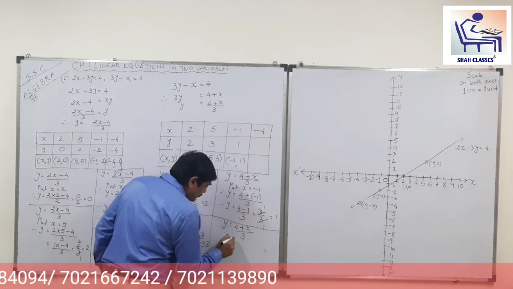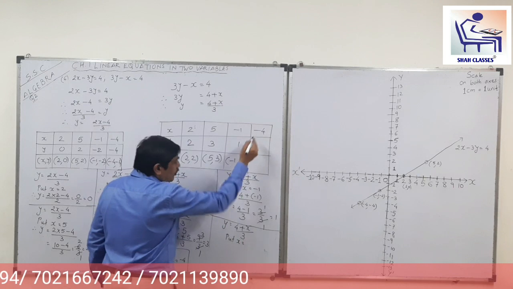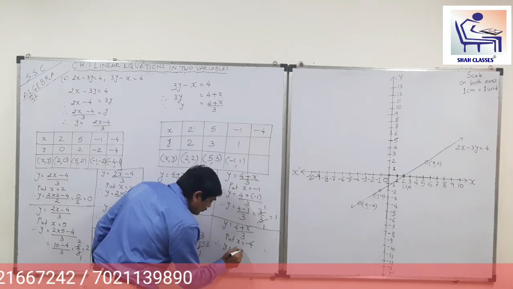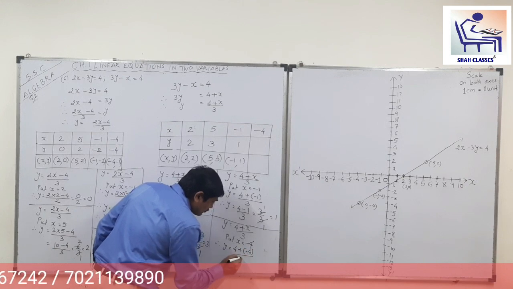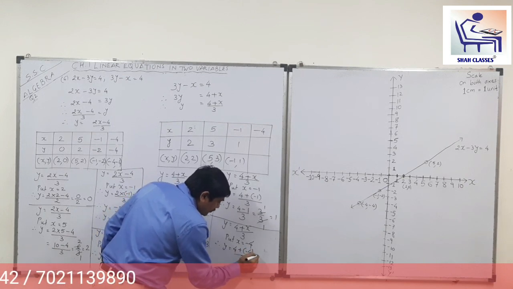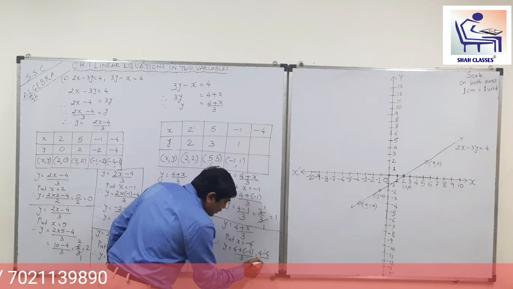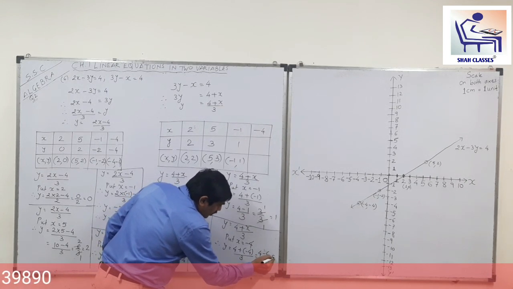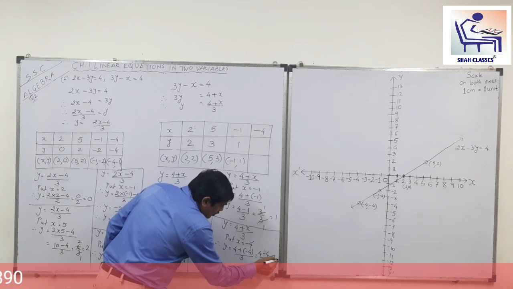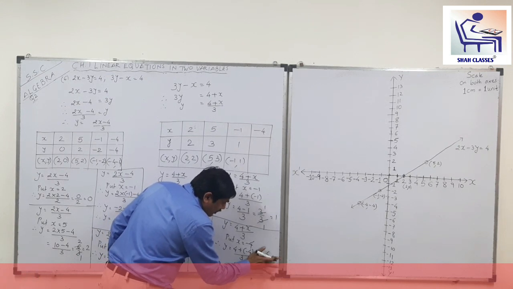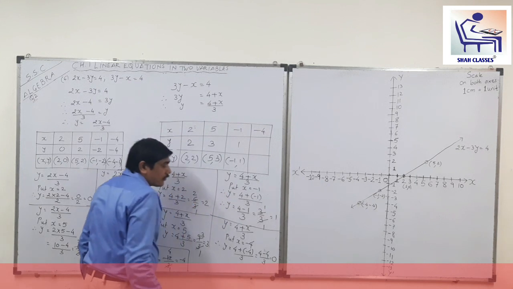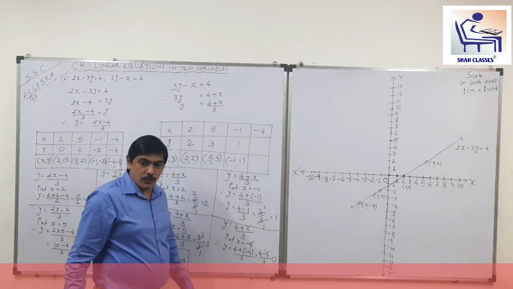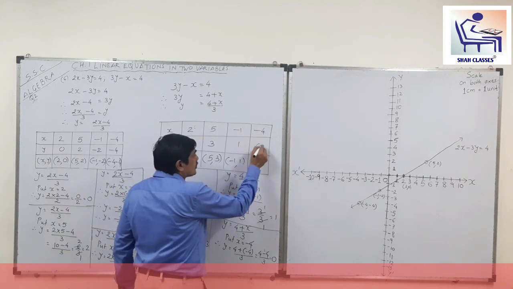Fourth time, put x is equal to minus 4. 4 minus 4 upon 3, 0 upon 3, that is 0. So we got the fourth value as 0.